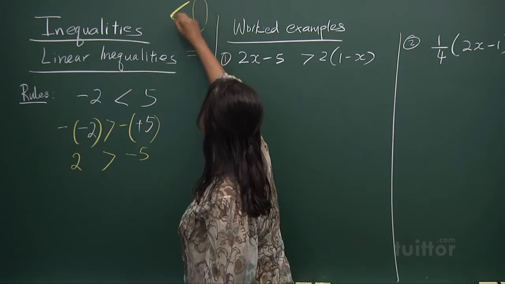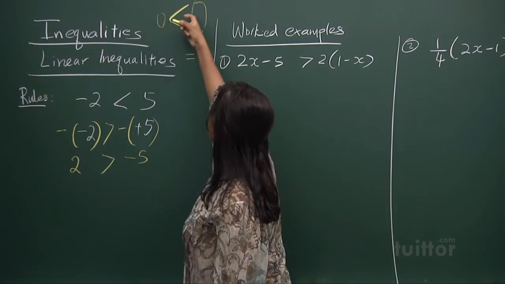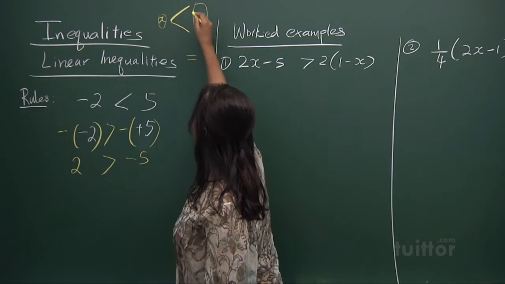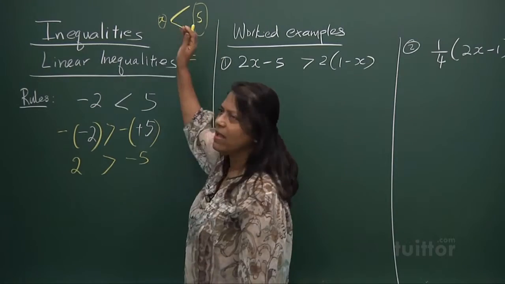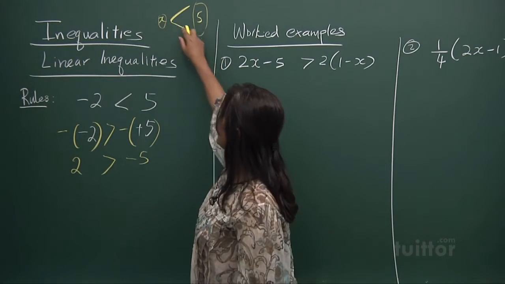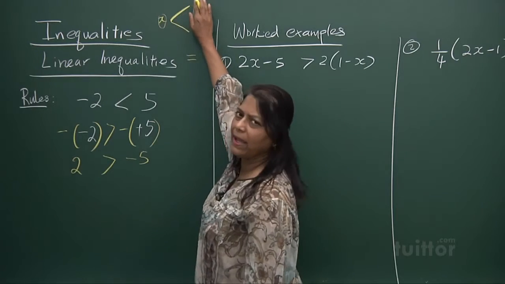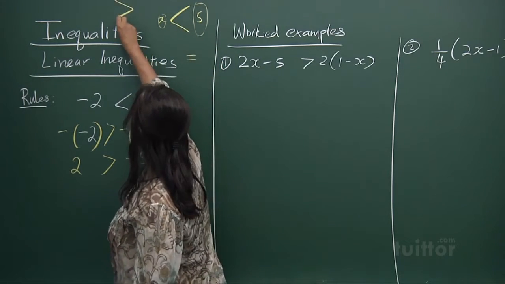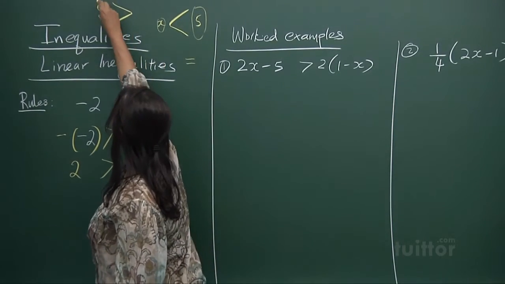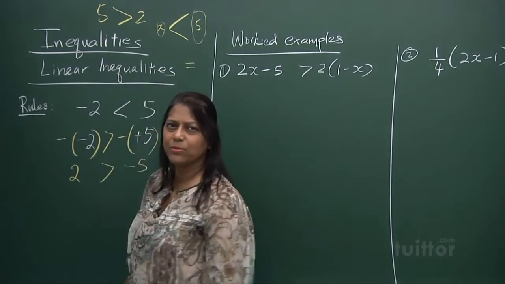This is the bigger size. Small number here, bigger here. That means if I put x is less than 5, x can be any number less than 5. Remember the shape, small, big. If I put it this way, big, small, like 5 is bigger than 2.